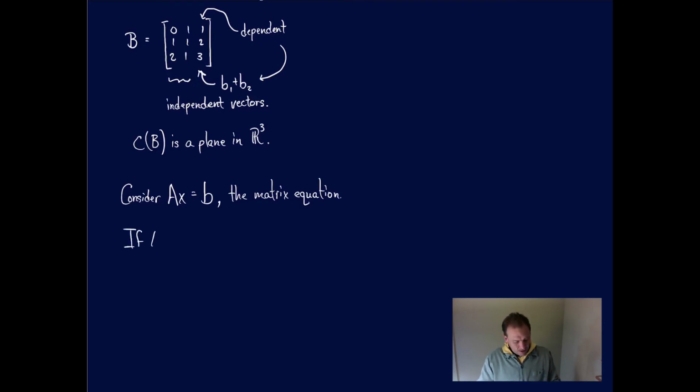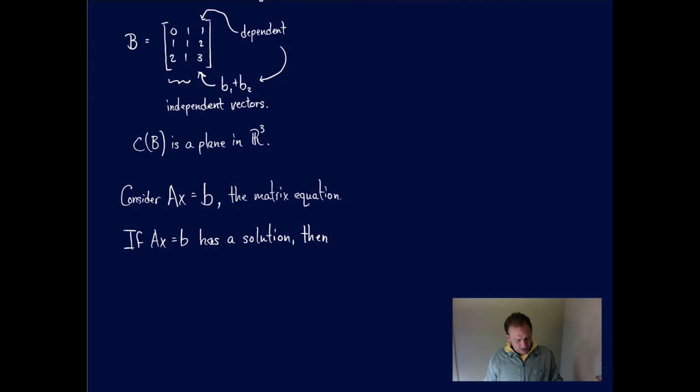If Ax equals b has a solution, then b is in the column space of A.